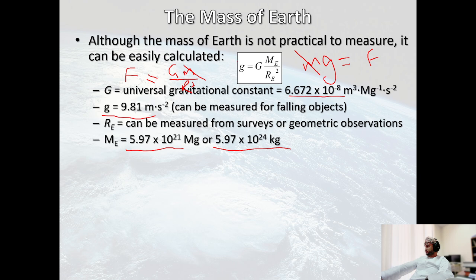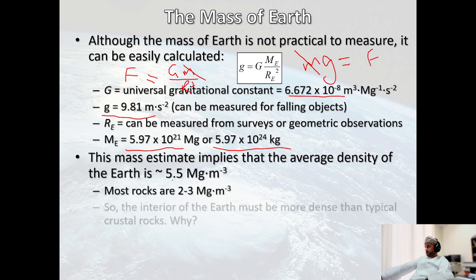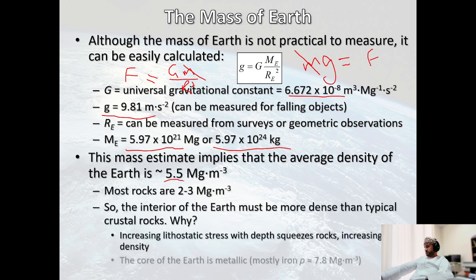And if we know the volume of the Earth and the mass, we can calculate the density of the Earth. The density of the Earth is some value around 5.5 megagram per meter cubed. It's a very large number, whereas the average density of the crust is way smaller.